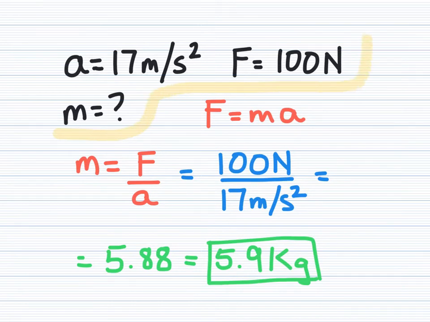The first thing I want to see is that you gleaned the information. You get 1 point for showing me that. Then I want to see the rearranged equation. I don't want to see F equals ma because you're not using that equation. I want to see m equals F over a. Okay, you get another point for that one.